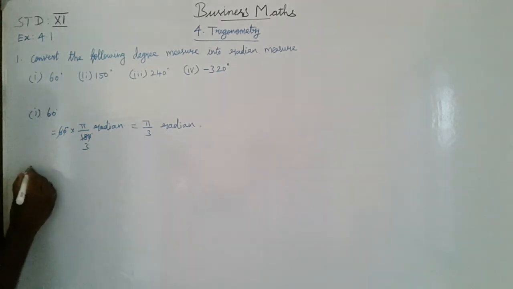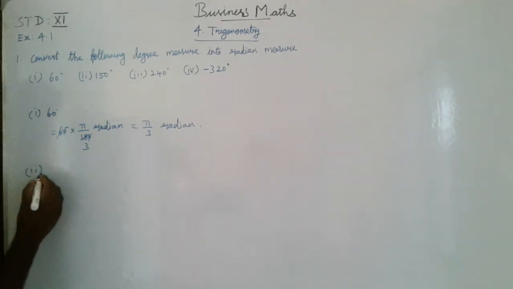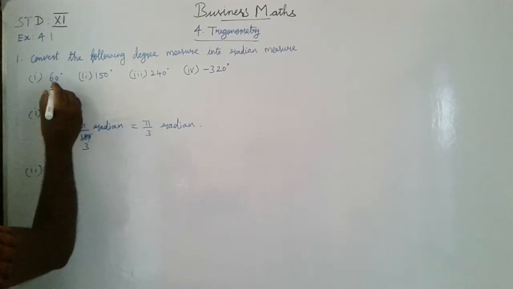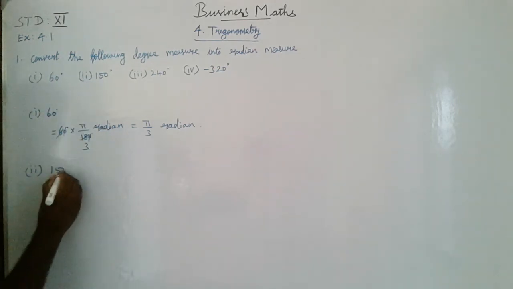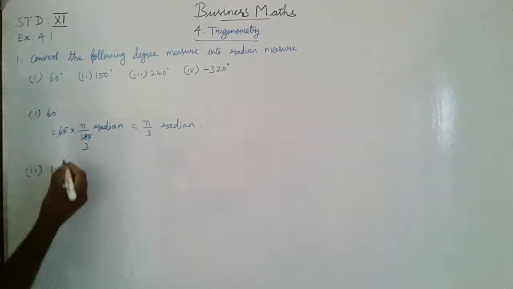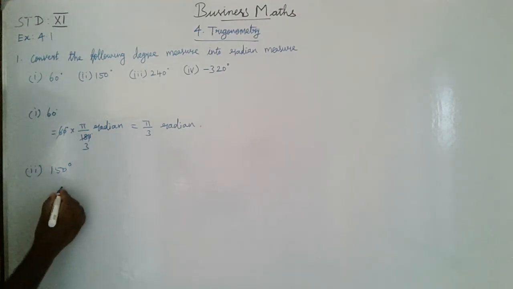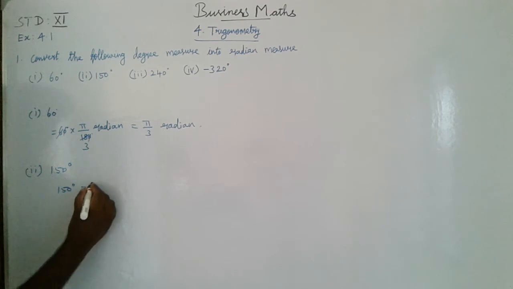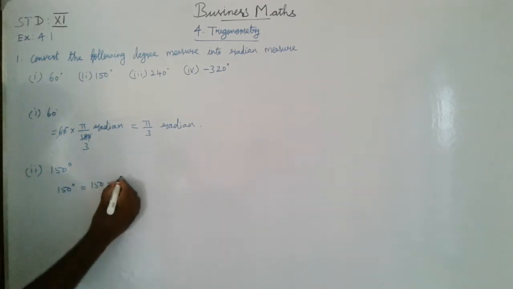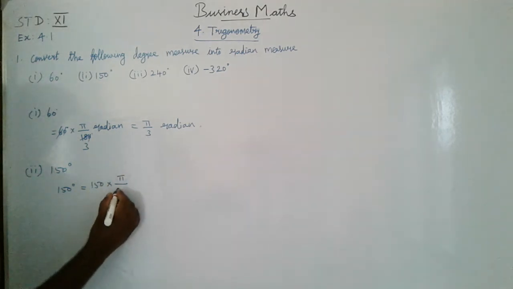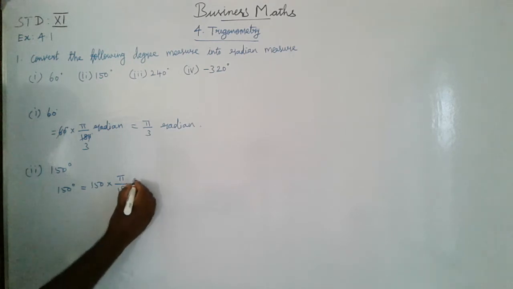Next, second sum: 150 degree. We should change it to radian. 150 degree equals 150 into pi divided by 180 radian.